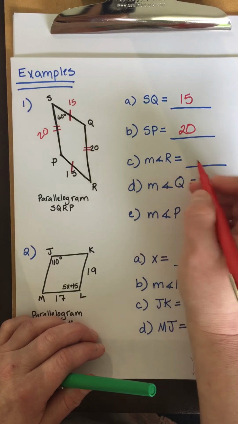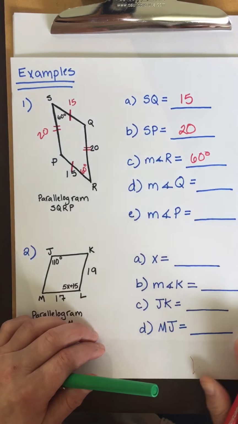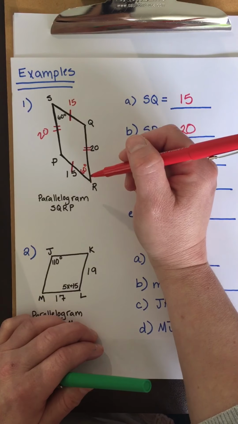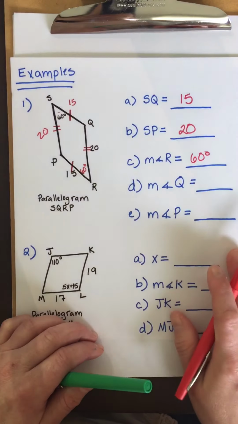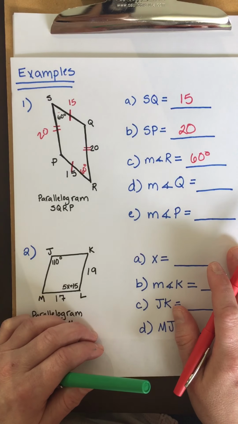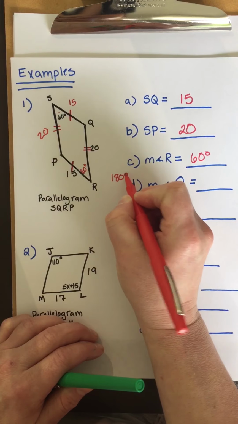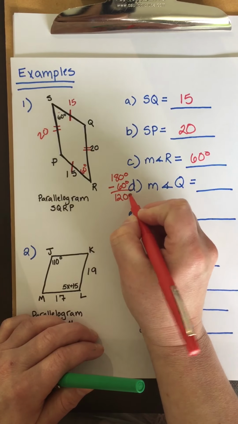So that means the measure of angle R also has to be 60 degrees. Now, how could we find the measure of angle Q? Any two angles that are consecutive or side by side have to add up to 180, right? So all I need to do to find the measure of angle Q is do 180 degrees minus 60 degrees, and I get 120 degrees.